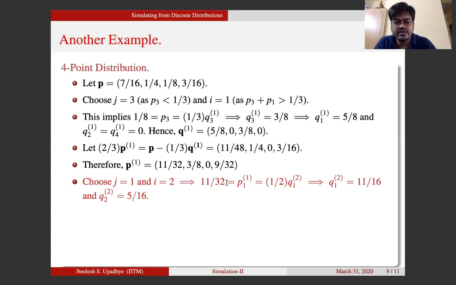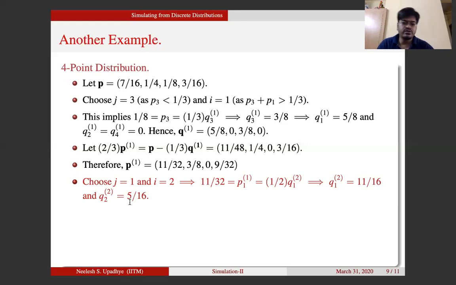So 11 by 32. So again we will use the same. I want the entire probability mass to be at 1. So I will put 11 by 32, which is P11, which is equal to half Q21, and therefore you will get the value of Q21, which will be 11 by 16. 1 minus of that will give me Q22.